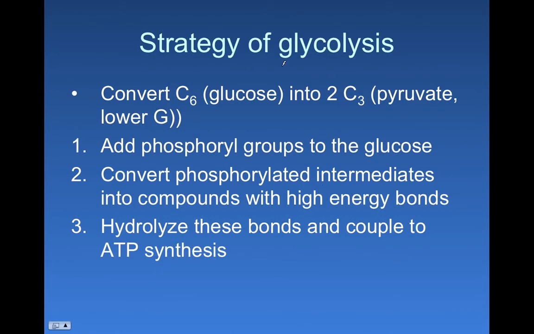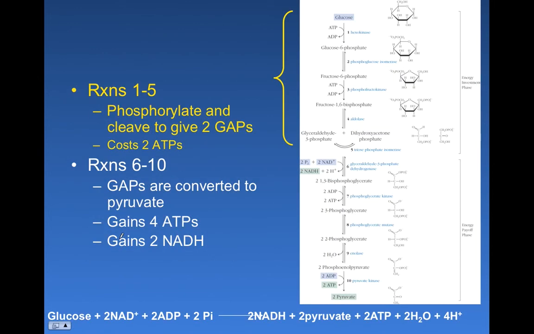So what does glycolysis do? Well, we're going to take the 6 carbons of glucose and turn them into 2 3-carbon pieces of pyruvate. We're going to add phosphate groups to glucose, convert those phosphorylated glucoses into ATPs, and then ATP is going to be used in our body to couple with other reactions to drive biochemistry forward. Okay.